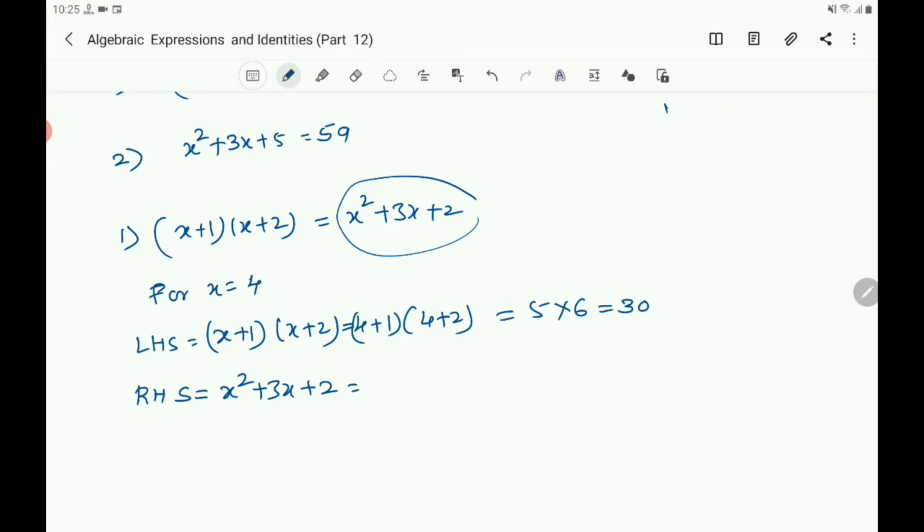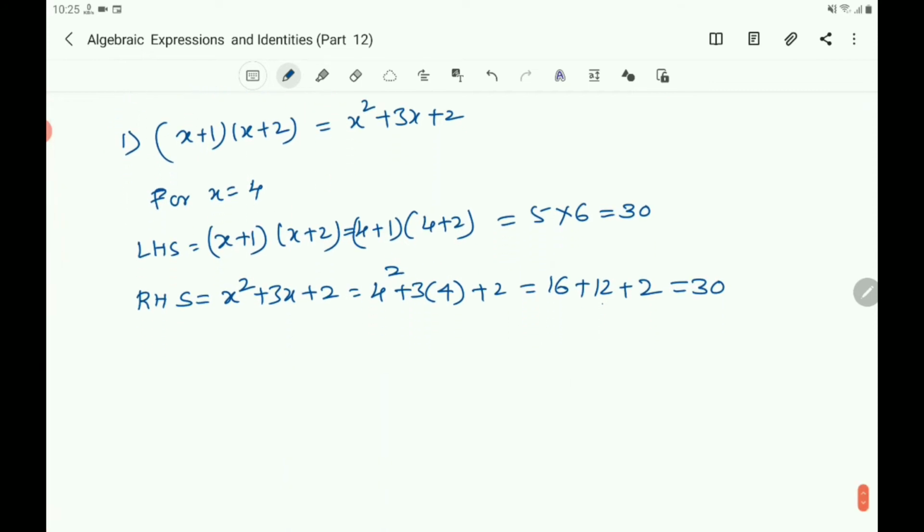In the place of x, we have taken 4, so it is 4 square plus 3 into 4 plus 2. Then you will get 4 square is 16, plus 3 4s are 12, plus 2. So 16 plus 12 is 28, and 28 plus 2 equals 30.